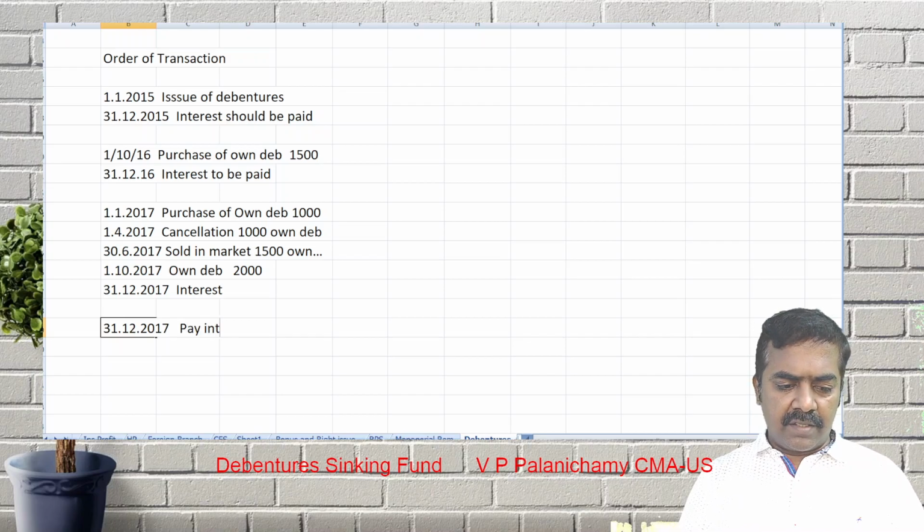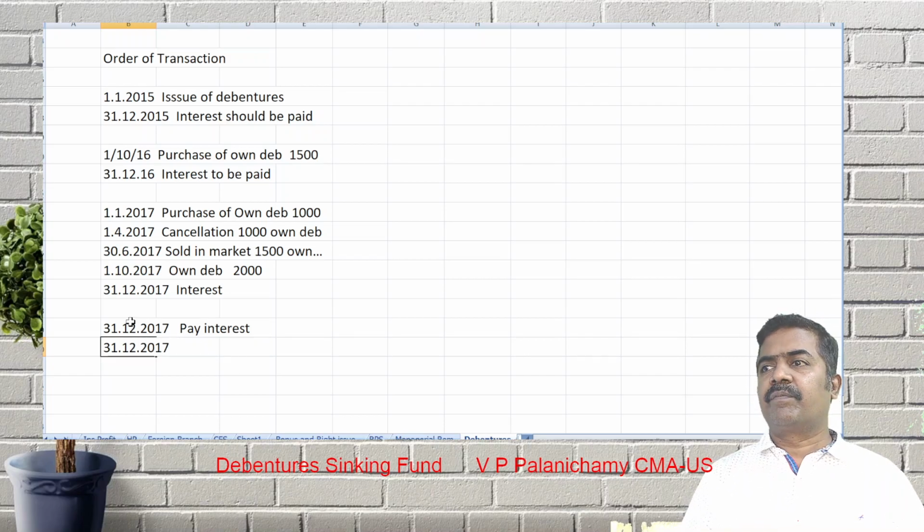You have to pay interest for that year. Then again on 31st December 2017 what should we do? We have to cancel or redeem debentures.